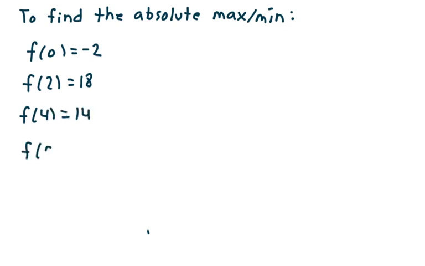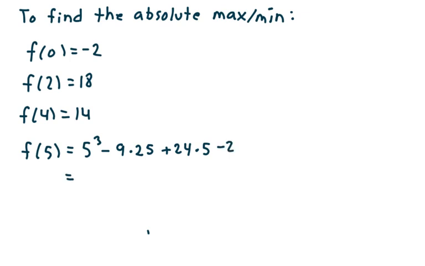And then f of 5 is 5 cubed minus 9 times 25 plus 24 times 5 minus 2.